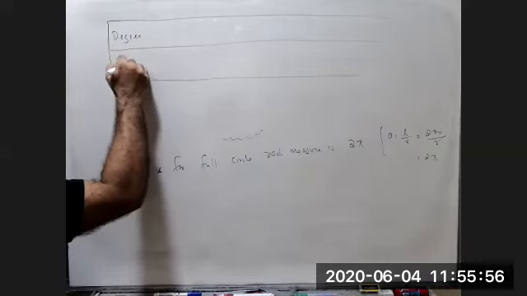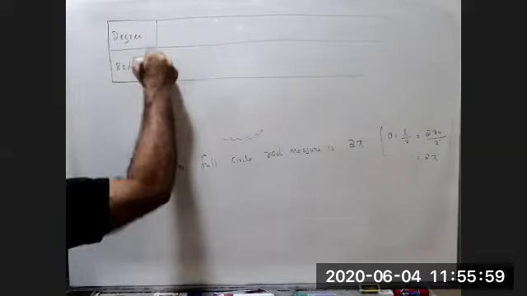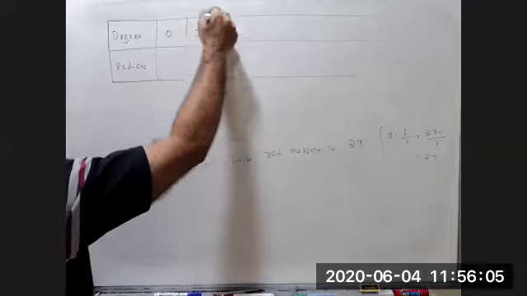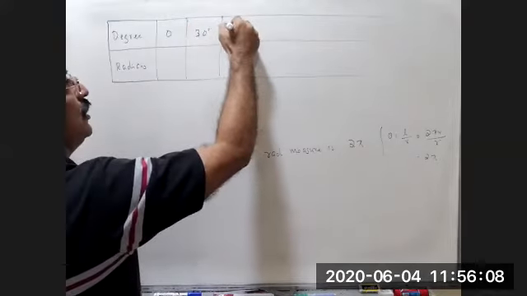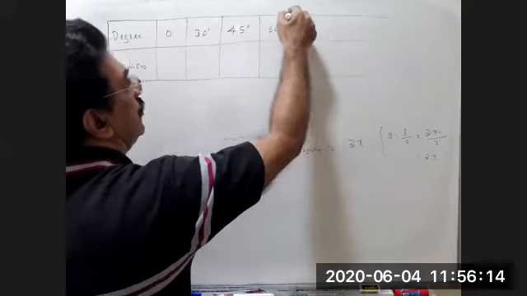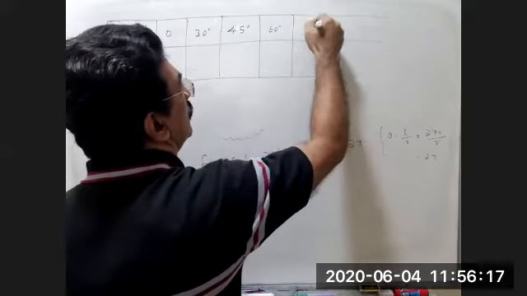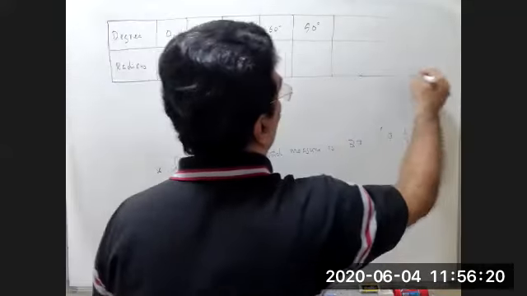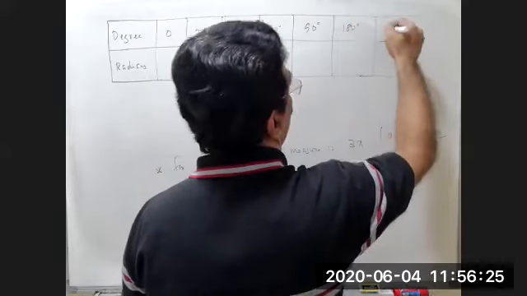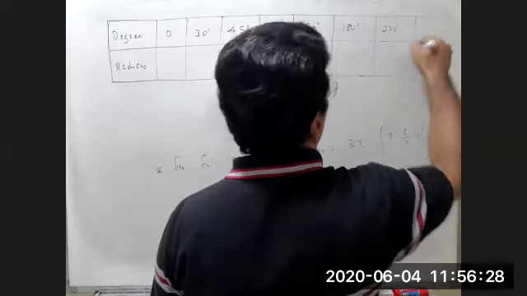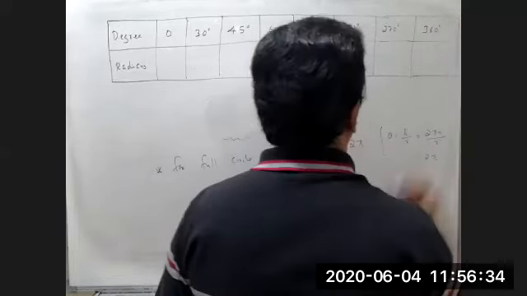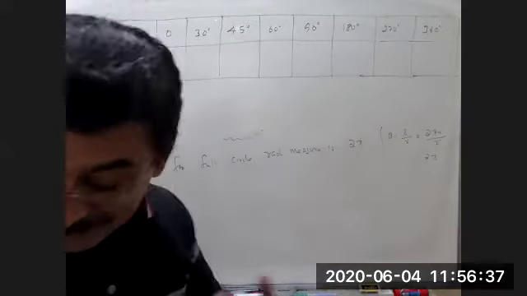Degree, radian. 0 degrees, 30 degrees, 45 degrees, 60 degrees, 90 degrees, 180 degrees, 270 degrees, 360 degrees. These are the standard angles you learned last year.